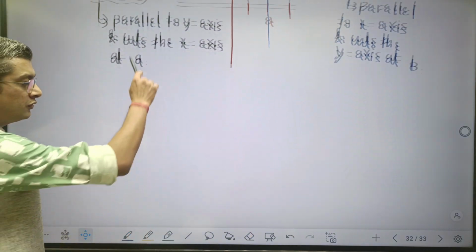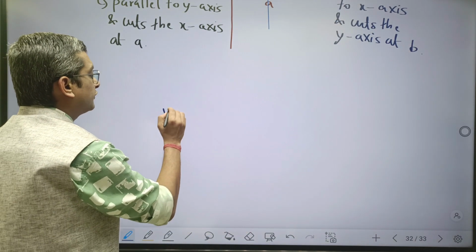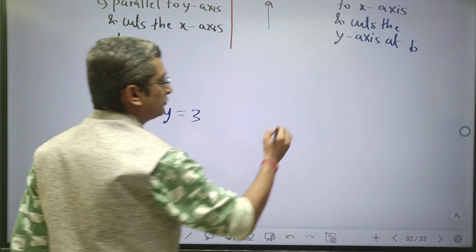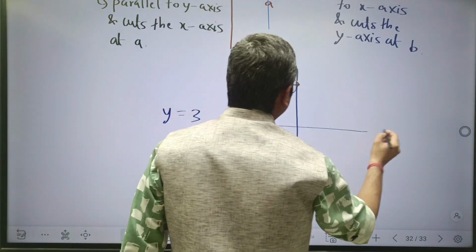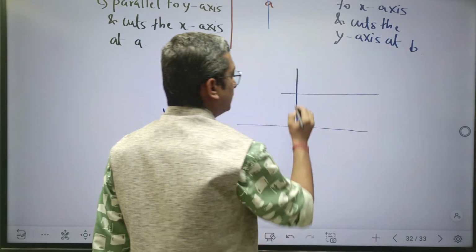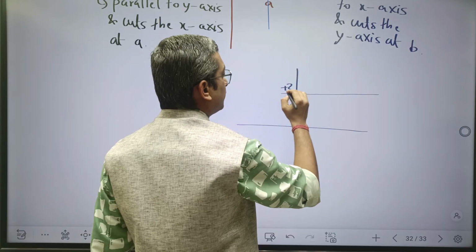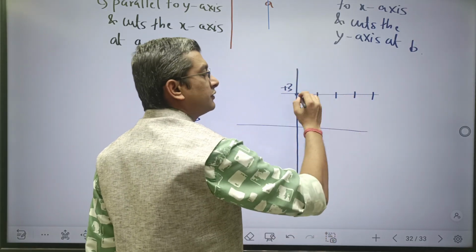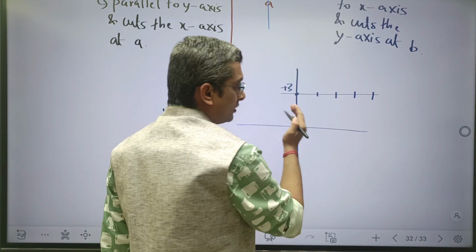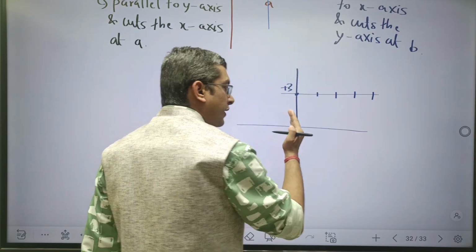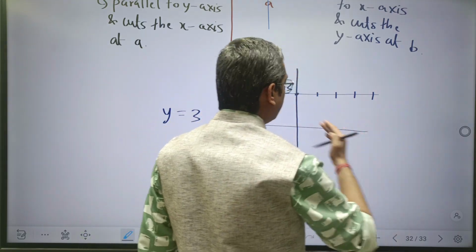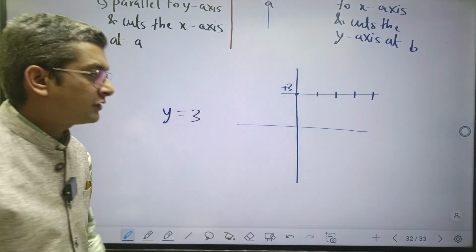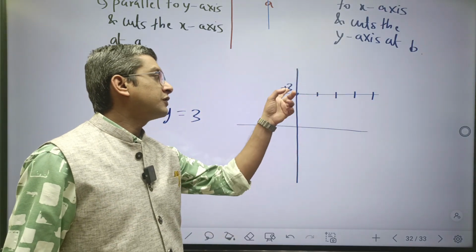So any value, if you represent y is equal to c, d, suppose you have to represent y is equal to 3. So how can you represent? This line is having plus 3. So at every point on this line, the y coordinate is 3, and the value of x increases if you move right side, decreases if you move left side, but the value of y remains 3.